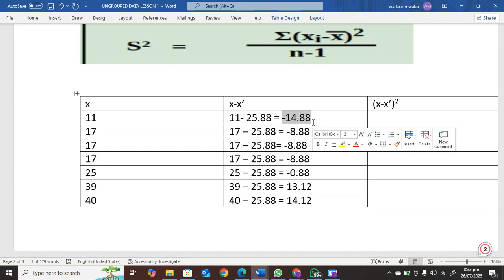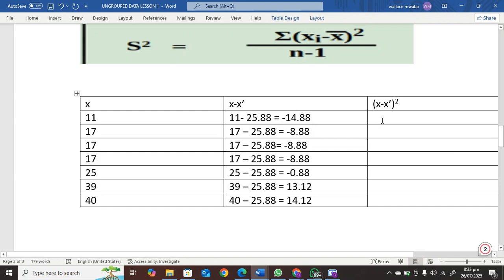So 14.88 squared, you get 220. Positive 2.1. Yes. Then negative 8.88, and we square it.